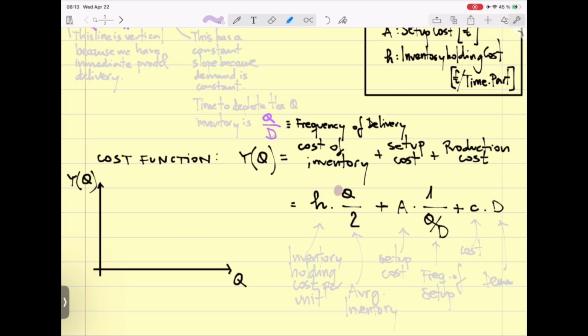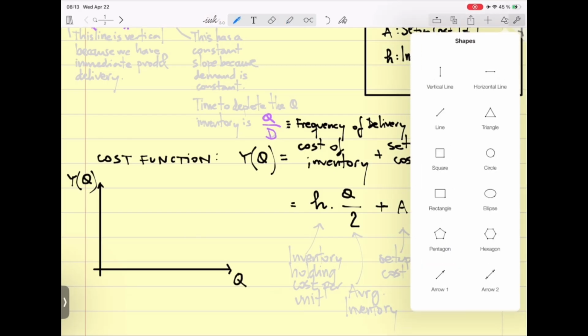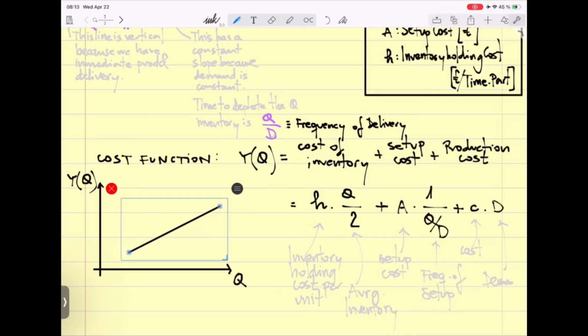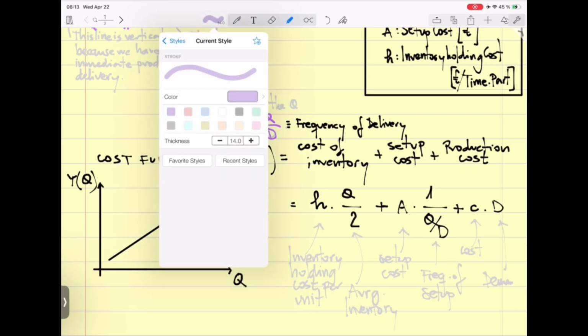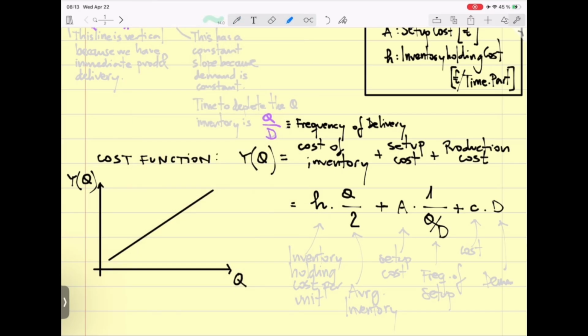This is a line in Q. It's linear, so we get a simple line here with some positive slope.